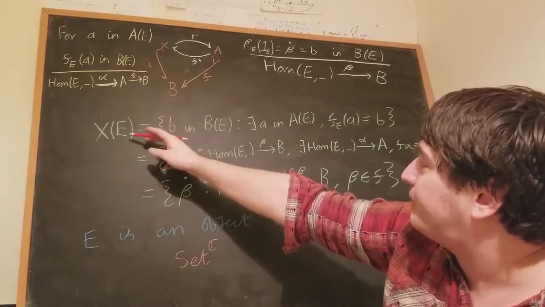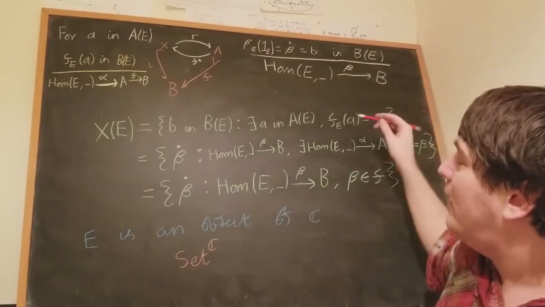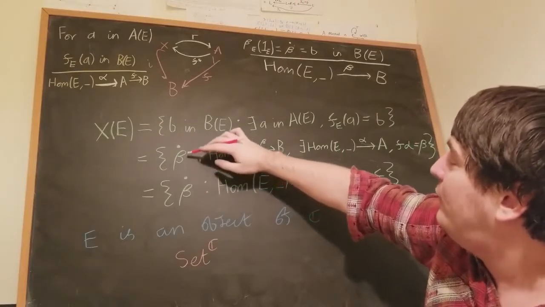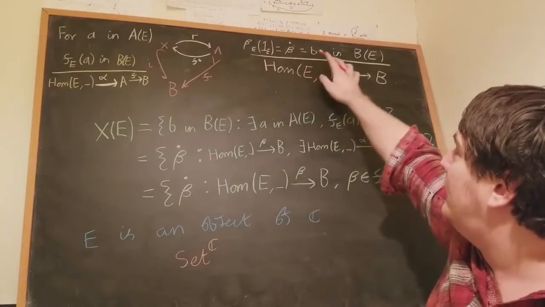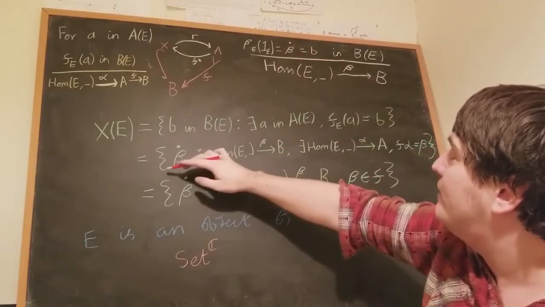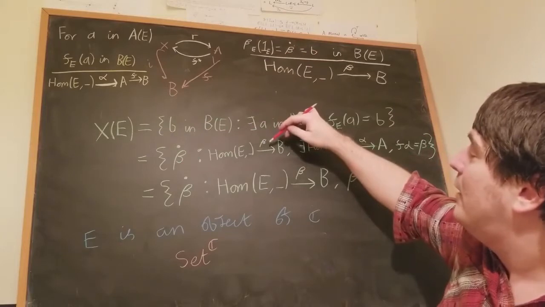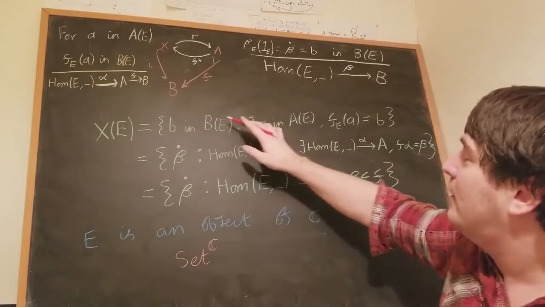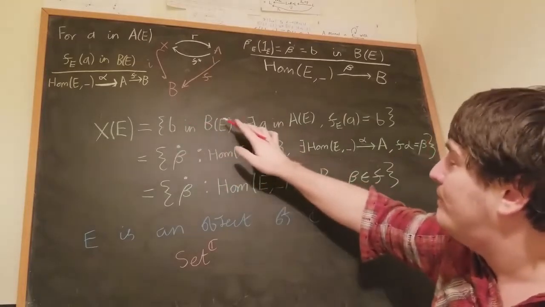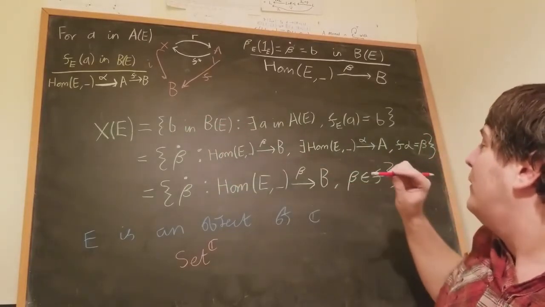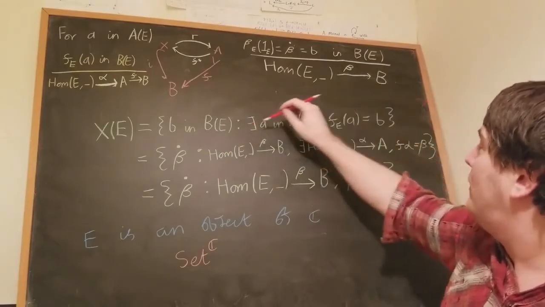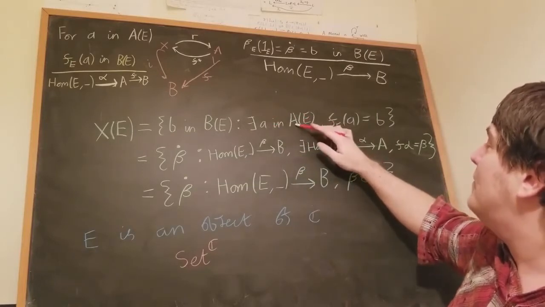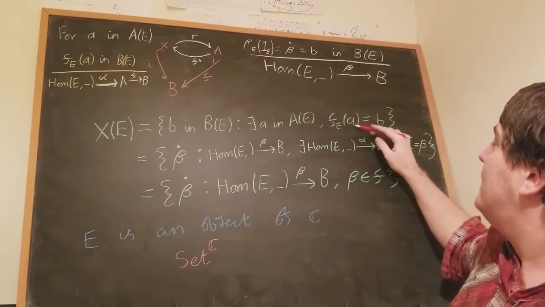Well, we can rewrite this as the set of beta dot, the set of elements little b corresponding to an arrow beta from hom(E, -) to B. And we then want the arrow equivalent of the statement that there exists an E-type element of A such that f of E of a equals b.